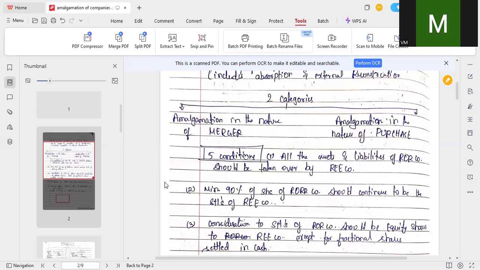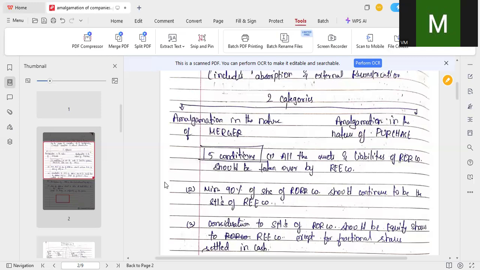The second point is that a minimum of 90% of the shareholders of the transferor company should continue to be the shareholders of the transferee company. Instagram shareholders and Facebook shareholders: 90% of the Instagram shareholders should agree to become shareholders of the transferee company.